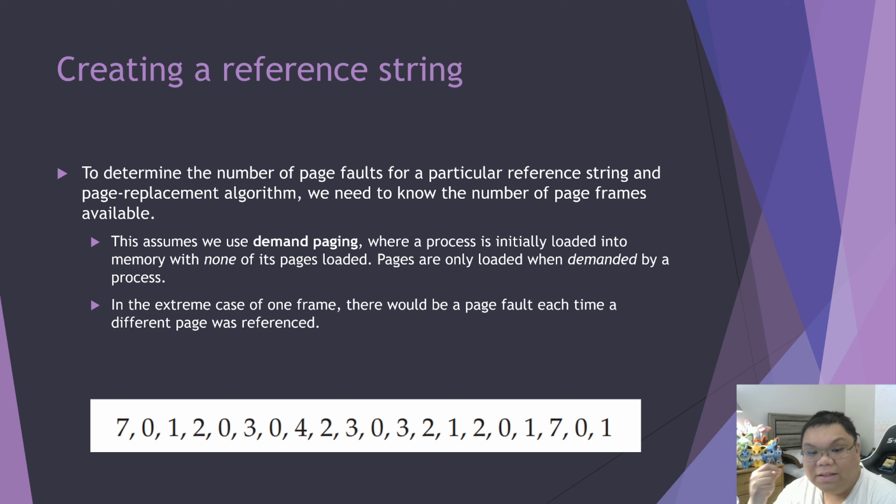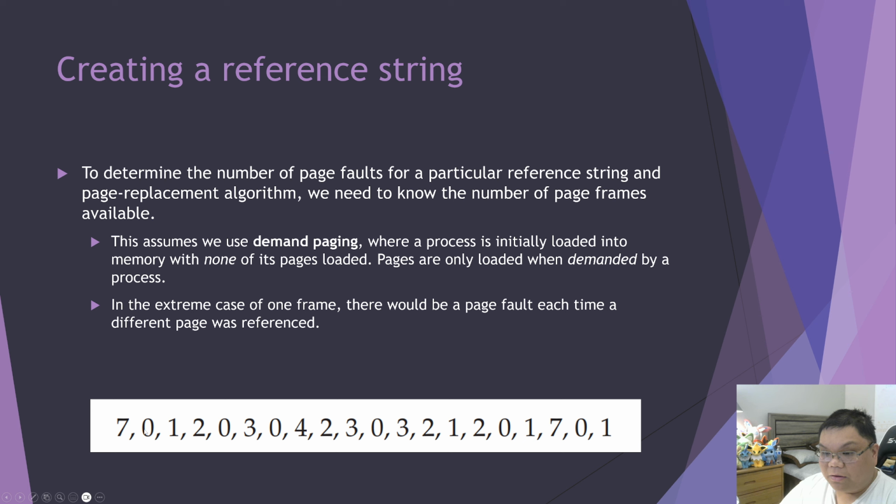Therefore, once every page is loaded, we will never have page faults again. So what are the unique pages in this sequence of pages? 0, 1, 2, 3, 4, and then 7. That is all. 6 frames needed to store all the pages we ever need.